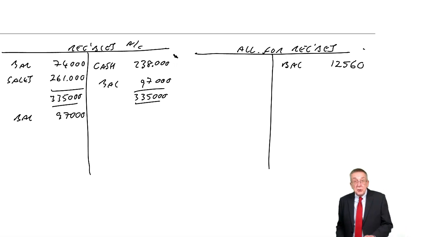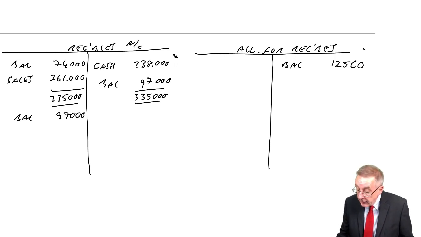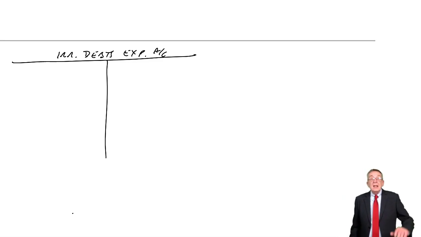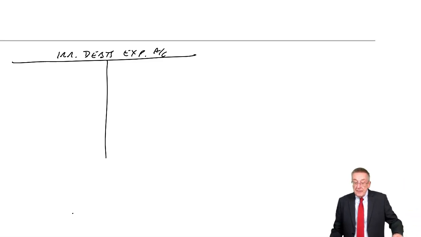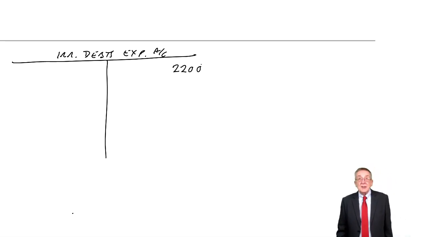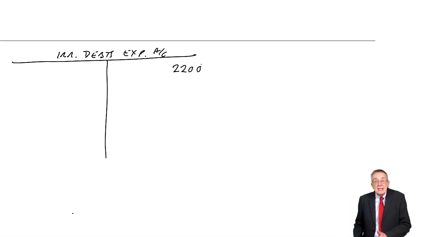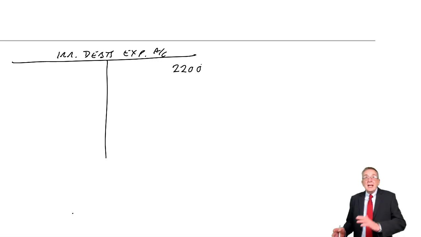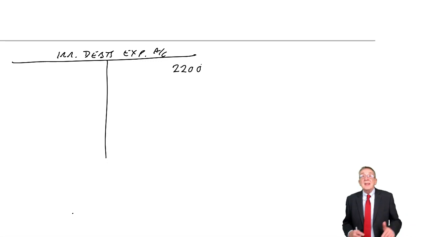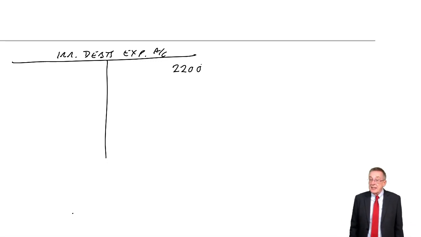And what we should do, if ever an irrecoverable debt later pays us, we should debit cash, credit irrecoverable debts expense. Last year, the expense of removing him. This year, a negative expense because he's paid us. So that's the entry that should have been made.